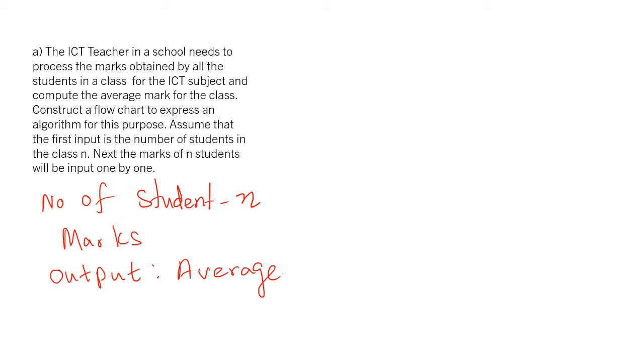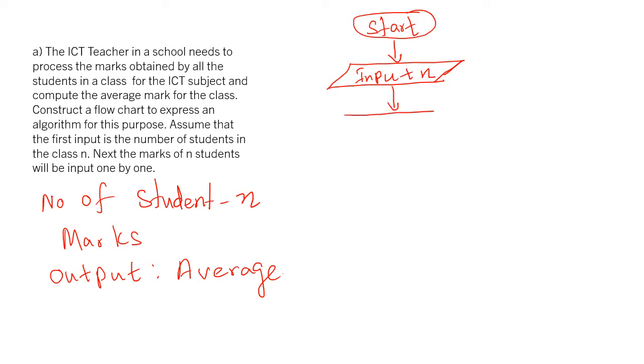Then we'll see how you're going to draw the flow chart. So what you do is you go to the start, you start our program, and then first you're going to have an input. What is our input? Input is n, the number of students. Then to do this program, we need two variables.